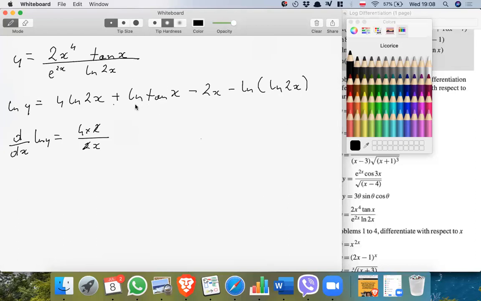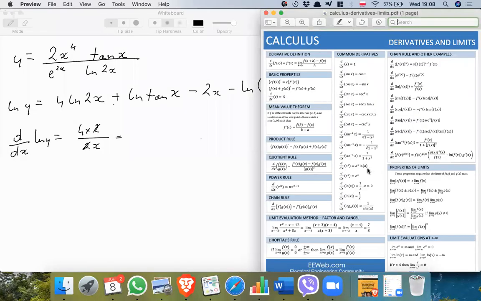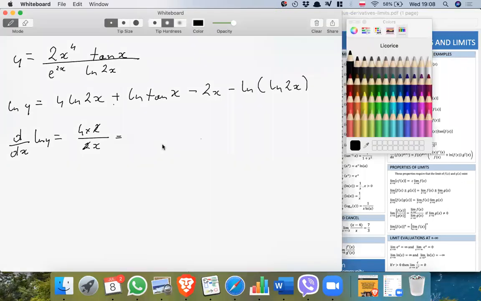From the second one, we have the derivative of tan is, if I remember correctly, secant squared. Yeah, that's secant squared, plus secant squared of x divided by tan of x, and then minus the derivative of 2x, which is 2. And this is an interesting one.